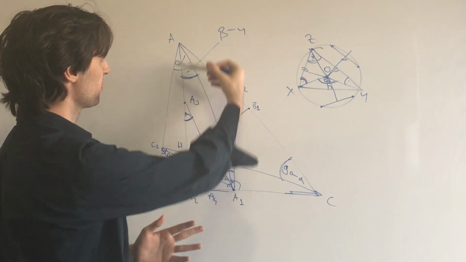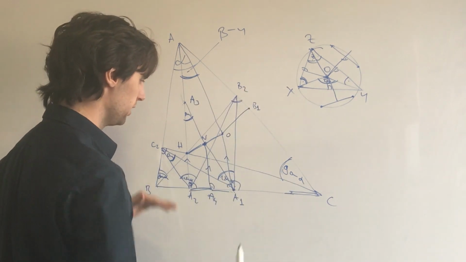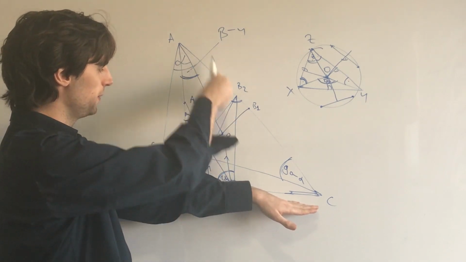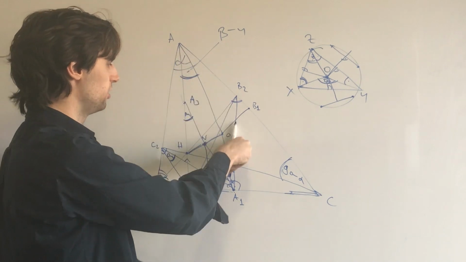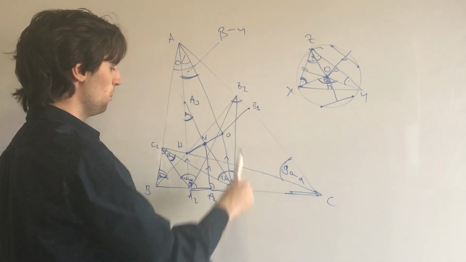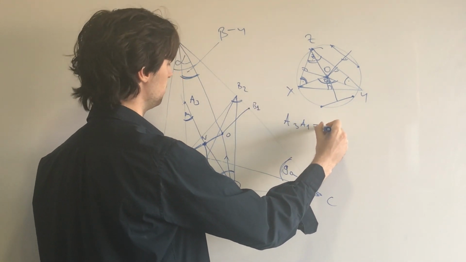And here's the answer. A3 and OA1 are both perpendicular to BC. And because both of these are perpendicular to BC, that means they themselves are parallel to each other. So you have this is parallel to this is parallel to this, which means that A3A1 is equal to AO.